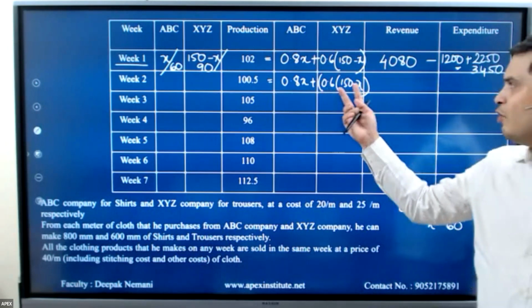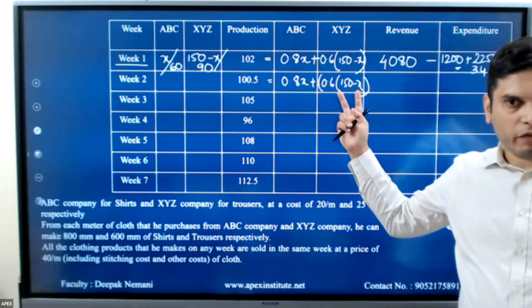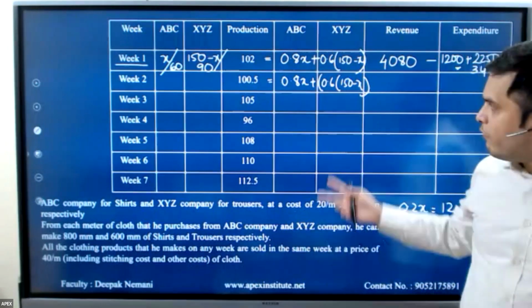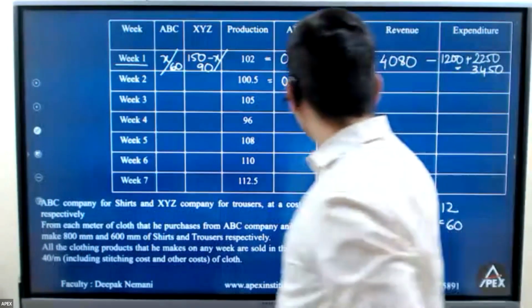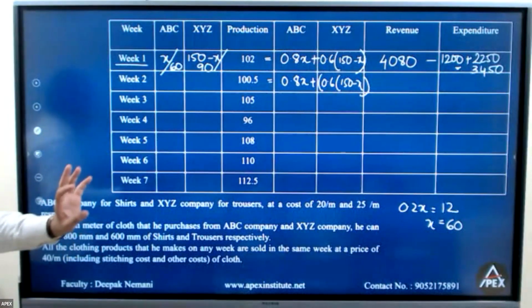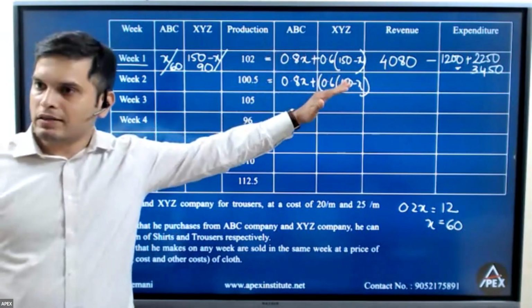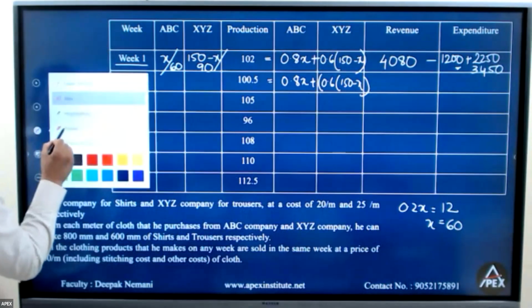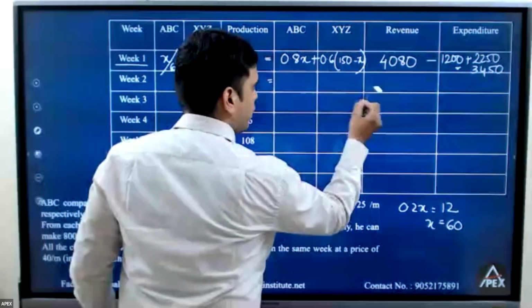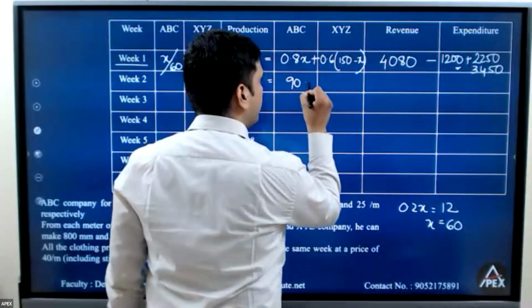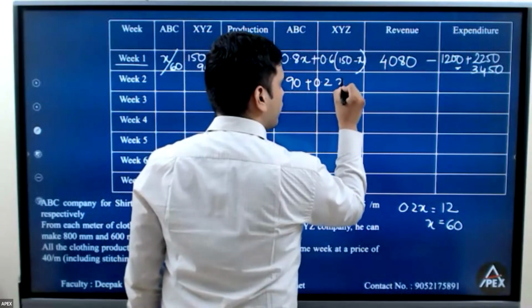No, 6 into 150 is 90. That will be common. What is common in these 7 weeks? This will be 90 plus 0.2x. So the right hand side of this equation will be common. 90 plus 0.2x. Let me write it. So you have 90 plus 0.2x.